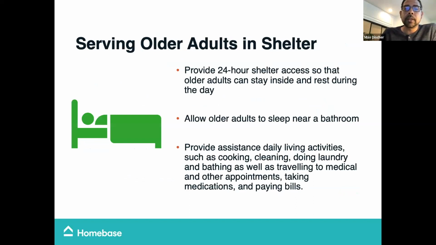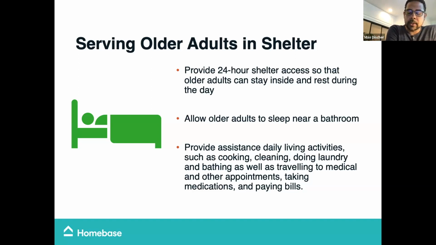So, serving older adults in shelter specifically, because I know that we've got to focus on shelter providers today. It's important to provide 24-hour shelter access to the extent that we can so that older adults can stay inside and rest during the day. Their sleeping patterns may change as well.